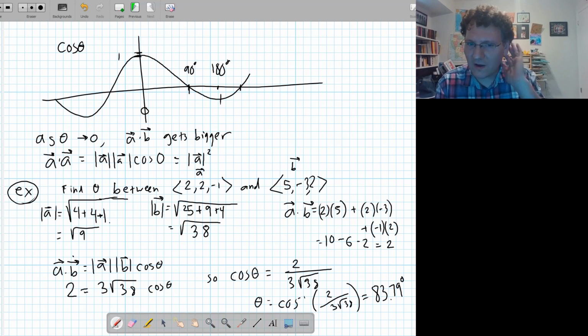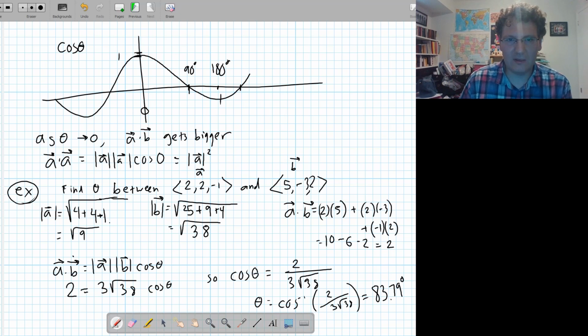So you can find the angle between two vectors by using this theorem. You notice that the value of the cosine is 0 when you have a 90-degree angle.